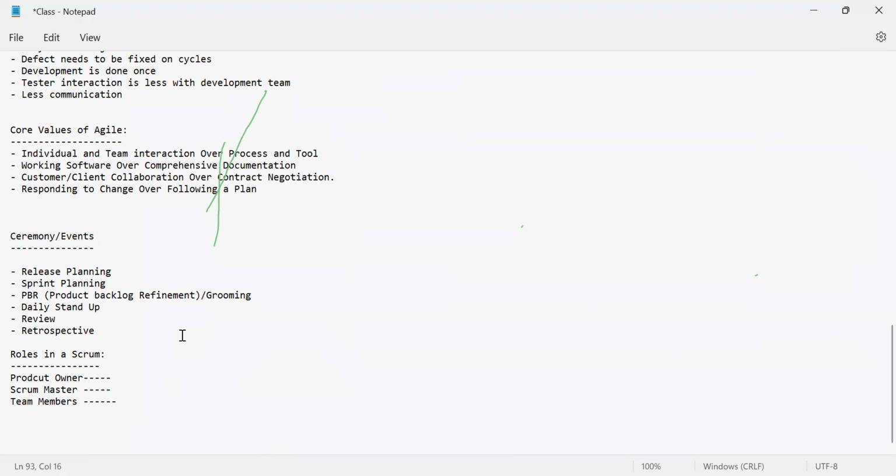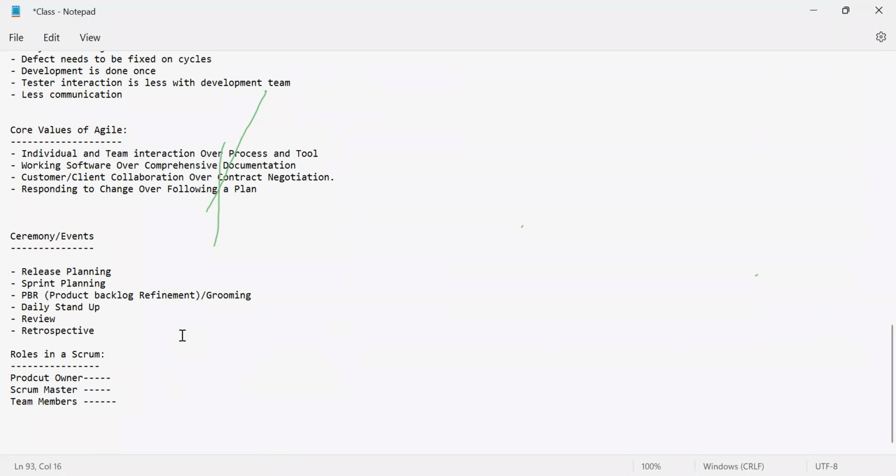So what is PBR, product backlog refinement? This product backlog refinement happens every week. It is time boxed to an hour every week. Each story that needs to be picked up in the next sprint, sprint 2, is discussed in sprint 1.